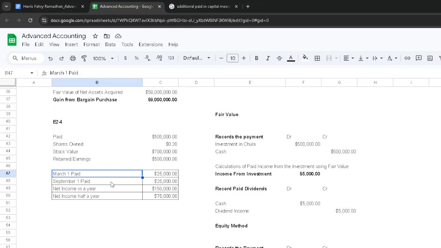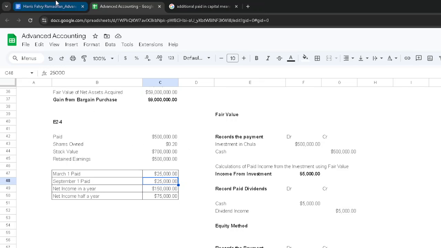Because it's not paid to the Sultan company. Instead, in comparison to the September 1 payment, since Sultan have already acquired the company, they will be getting payments, right? And so we want to use this number and multiply by the shares that we own, because 25K here is the amount that Chula pays to their owners, their investors.